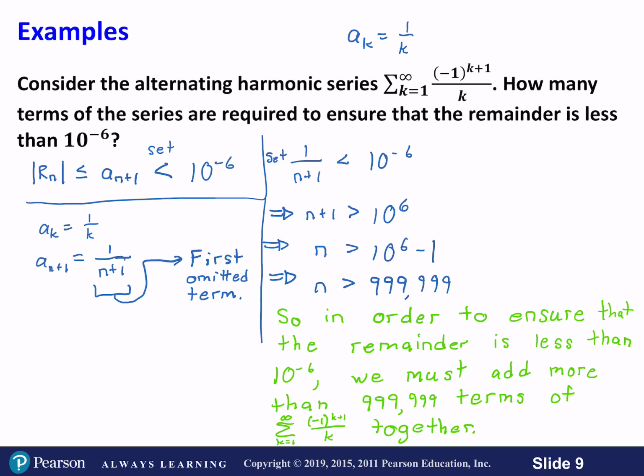So if we want to get a really good estimate for what the true answer of this series is, we have to add a ton of terms together. In fact, more than 999,999 of them to get within an error that we can guarantee is less than 10 to the negative sixth.